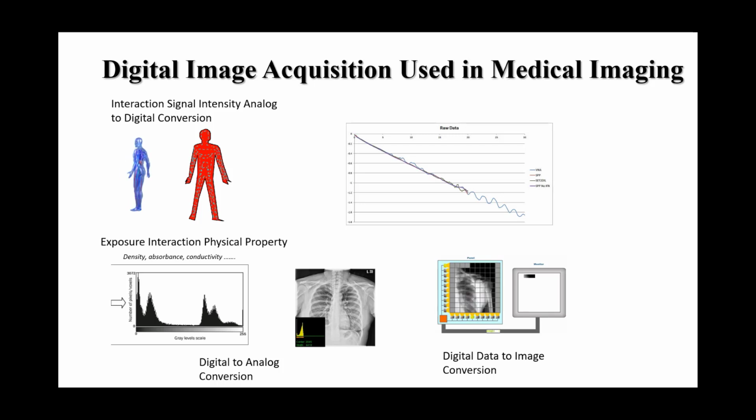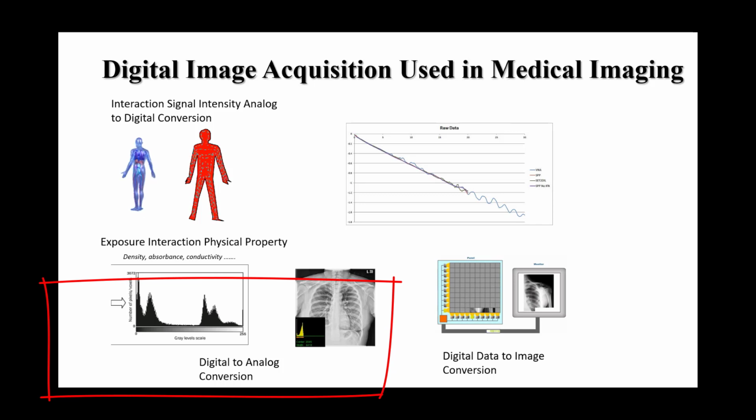So let's take a look at the process from the first step to the end step. In the first step, we are going to take energy and have that energy interact with tissues of the body. That interaction is then recorded, or the intensity of the interactions are recorded. And the recording is then transformed from an analog signal to a digital signal.